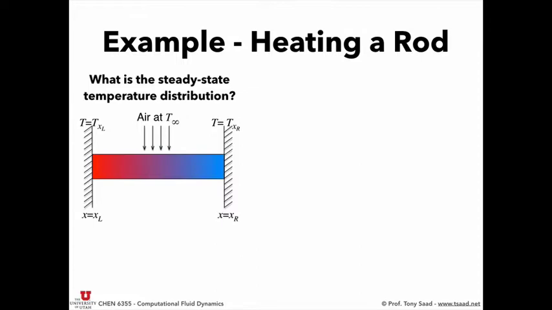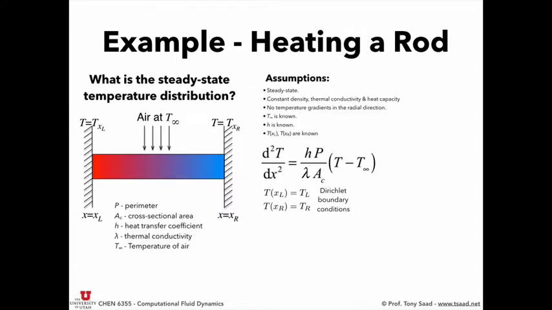Now, at steady state and under certain assumptions, I'm not going to go through the physics of this. This is the governing equation for the temperature distribution inside the rod. Let's say you are after the temperature value at each point inside the rod. The governing equation for the heat transfer between these two points at different temperatures and the ambient air is given by this steady state heat equation.